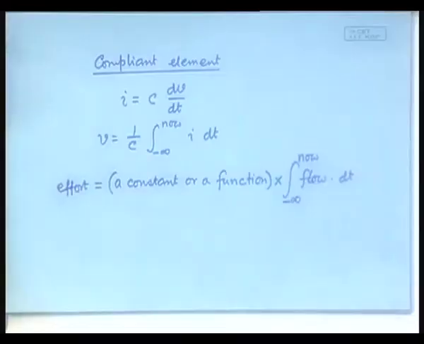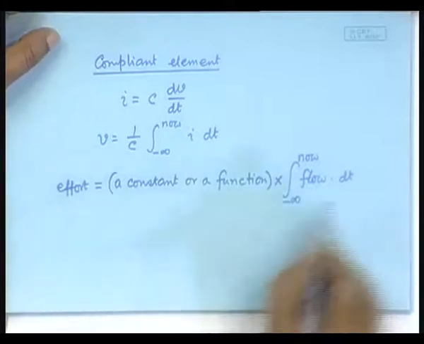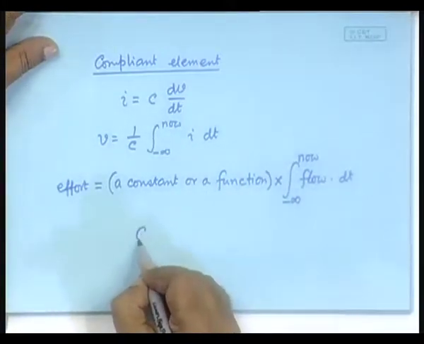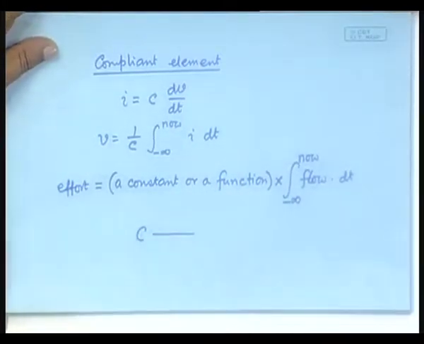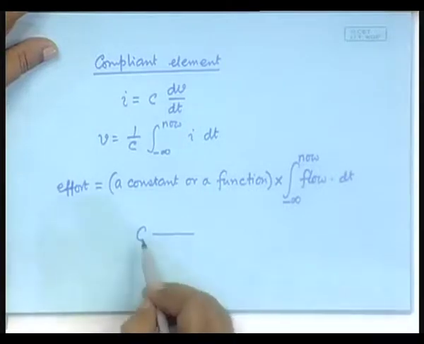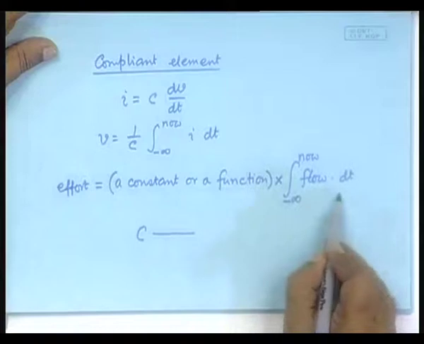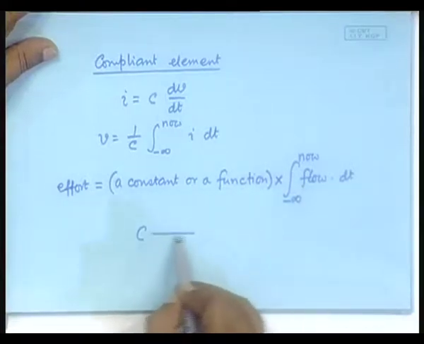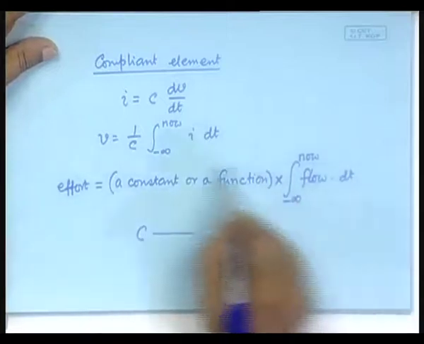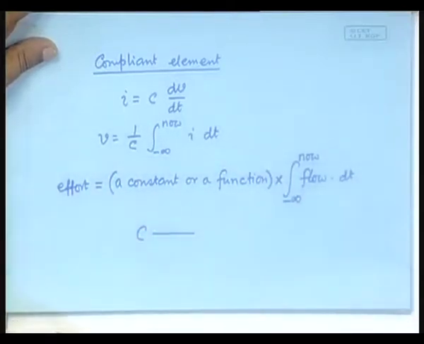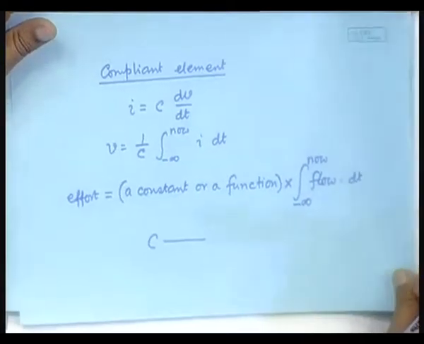But the moment we write it this way, you can easily understand it would be there in any domain. And whenever we have such a thing, we represent it with a C and a bond. C is representative of the compliant element with this property. So, the bond will have the information about the flow and the effort satisfying this condition, and that will be connected to the rest of the system, the rest of the circuit.